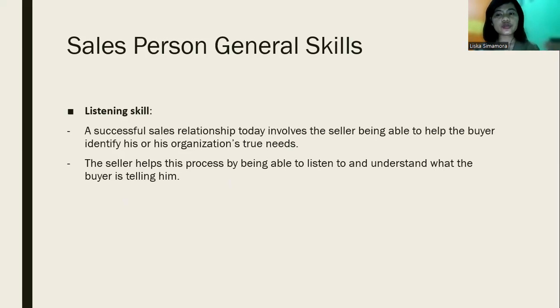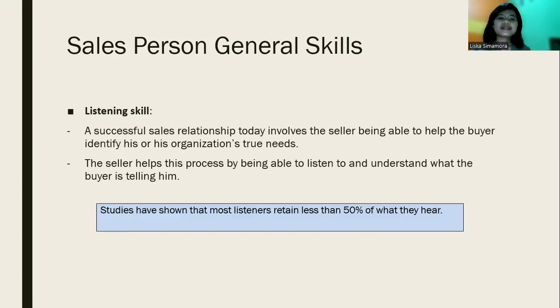So you have to develop your listening skill. Studies have shown that most listeners retain less than 50% of what they hear. So it is good to develop your listening skill.